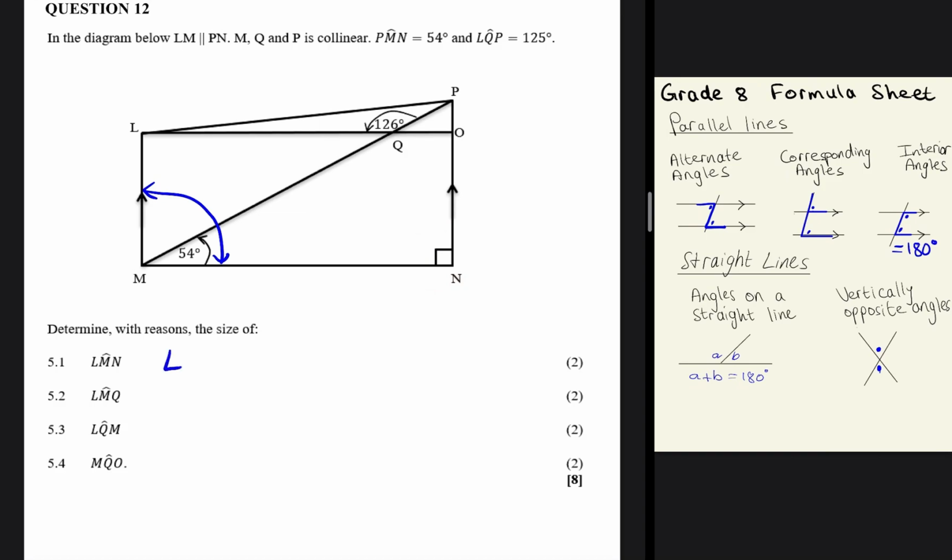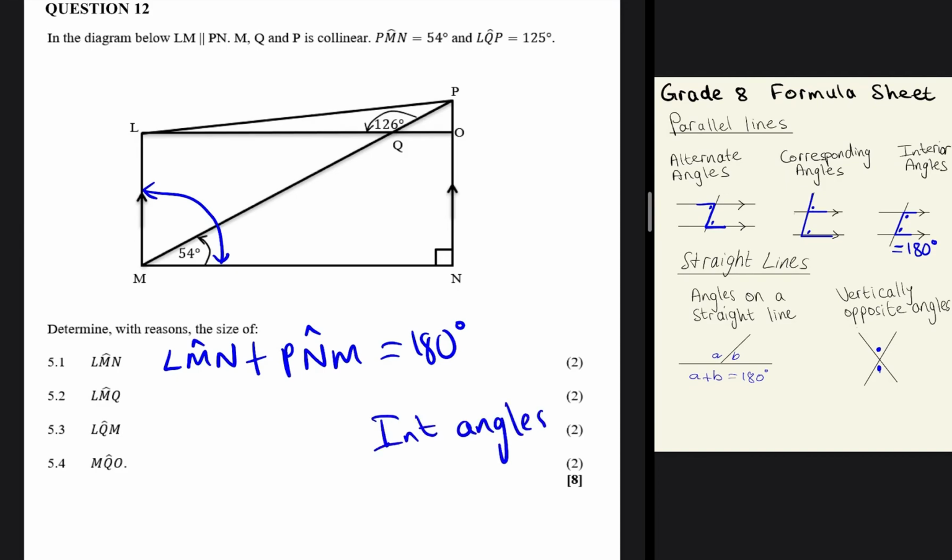Therefore, we can write down and say that LMN plus PNM, that is this angle over here, and those two equal 180 degrees. And the reason we can say is interior angles.